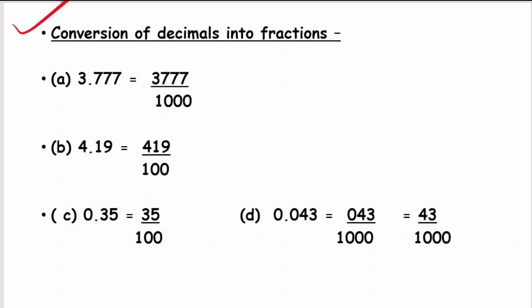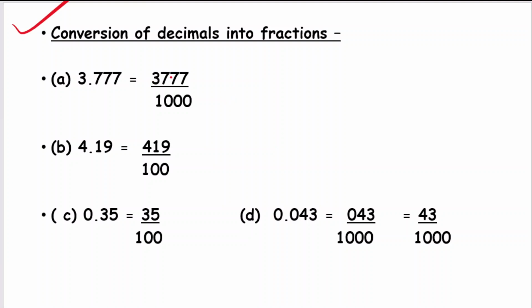7, 7, 7. When we have to change it into a fraction, again we'll have two numbers: top number by bottom number. In the bottom number we put as many zeros as the number of decimal places. As there are 3 decimal places, I will write the numerator value without the dot.